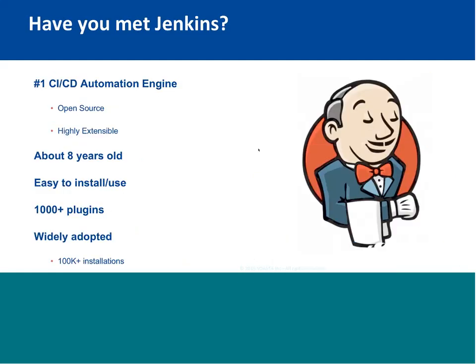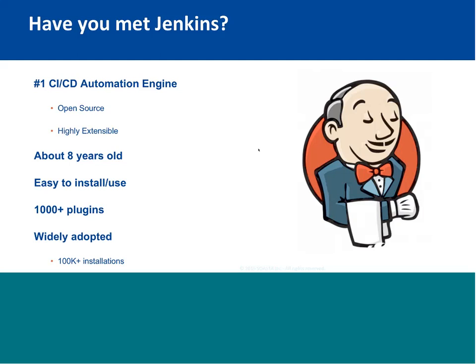So in case you're not familiar with Jenkins, Jenkins is an open source CI/CD server that acts as an automation engine for your SDLC or your CI/CD pipeline. It's about 8 years old. It's very easy to install. You can download Jenkins and get Jenkins running within a matter of minutes.